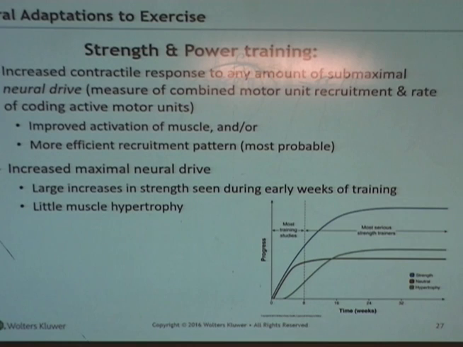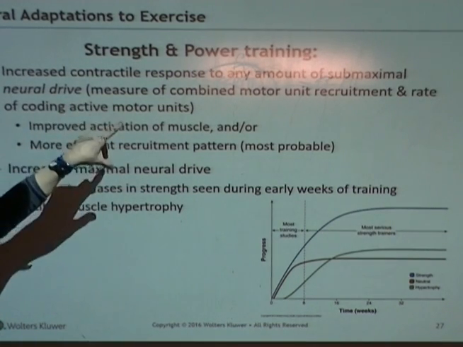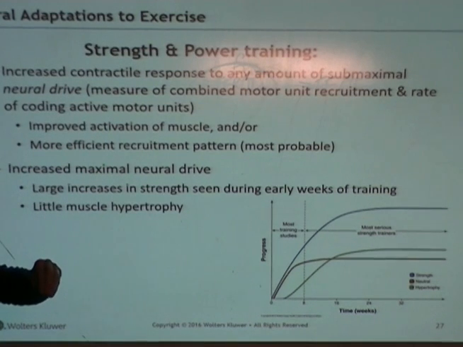Right? So over the course of the first few weeks of training, someone can get quite dramatically stronger, but we don't see any increase in their muscle size, right? So they didn't get stronger because their muscles got bigger and there were more proteins contracting. They get stronger because of this improved neurotransmission and recruitment of motor units, right?